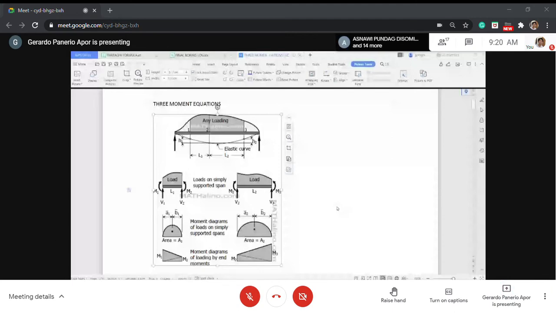A simple beam has support at both ends to make it simple. The beam we are considering here is this solid horizontal bar, and above it is the loading, labeled there as any loading.